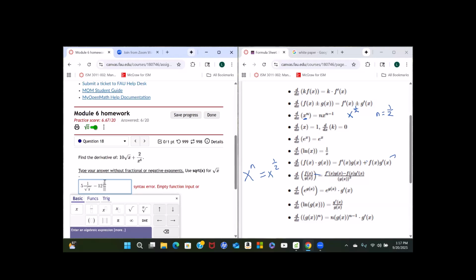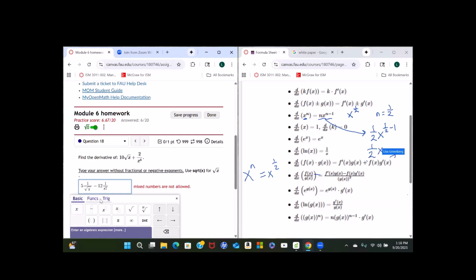But for the derivative formula, you see how it says x to the n minus 1. N is 1/2, so now we're going to do 1/2 minus 1. But then we just had it as minus 1/2. Where did that other half go?